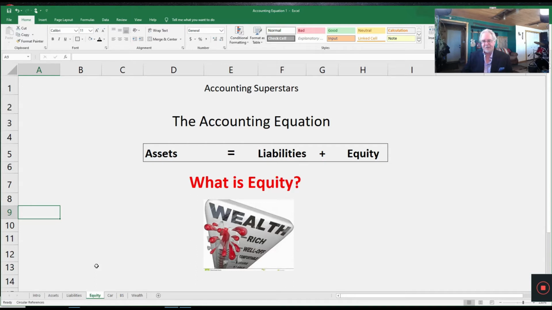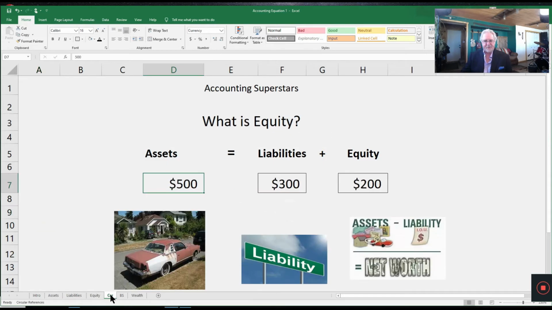Well, I think the best way to figure it out is to look at an example. So here we go. Here's our example. So what is equity? Let's suppose that you bought this old rusty car, and let's pretend that it's worth $500. And maybe it looks awful, but it runs fantastic. But let's also suppose, just for the sake of example, that you bought the car on credit, which is really a dumb idea.